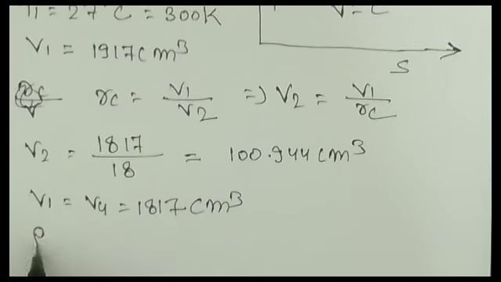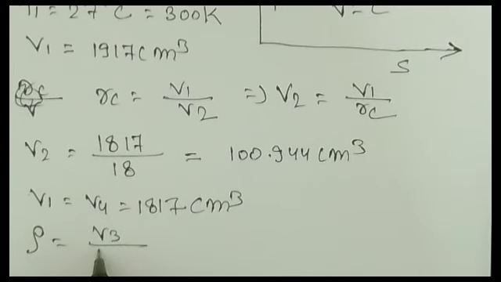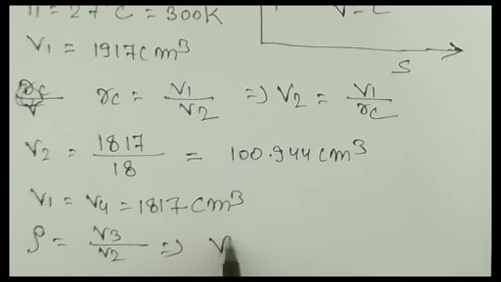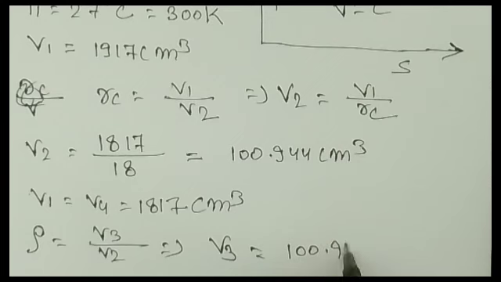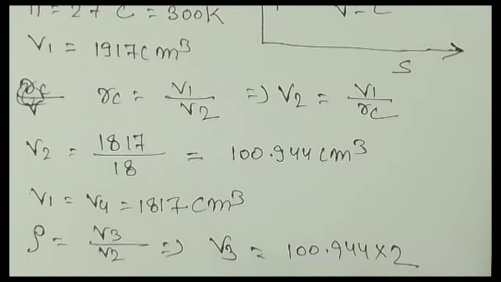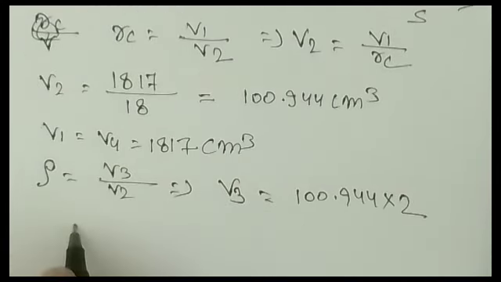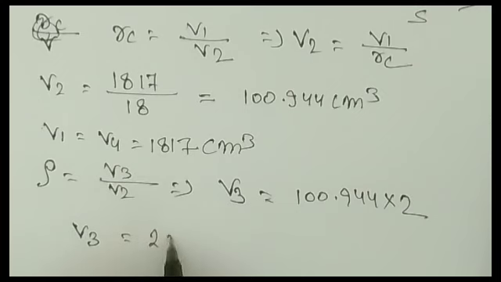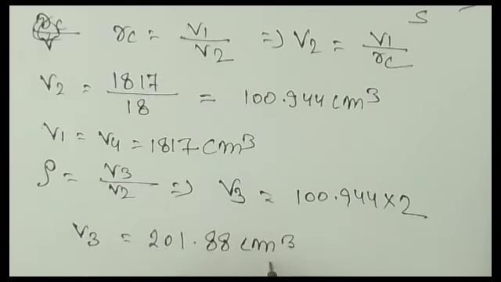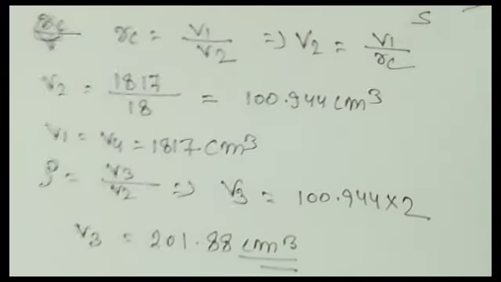Because the cutoff ratio rho is equal to V3 by V2, V3 is equal to rho times V2. V2 is 106.5 times 2, so we get V3 equal to 213 centimeter cube. So V3 we also got.